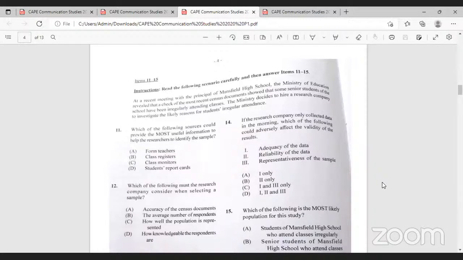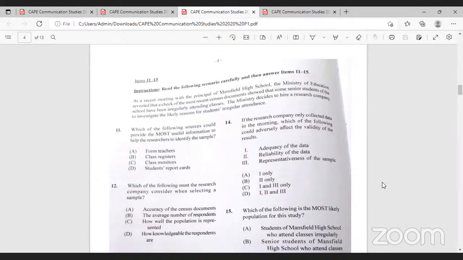So for the persons who were here when we did 2019, remember we did something where the person was trying to investigate why our literatures in English had such a low take-up rate at a particular high school. They have done the exact same thing here. They've said at this high school, the most recent census document showed some senior students irregularly attending classes, and we want to find out the reasons why. So it is the same kind of scenario, the same types of questions.